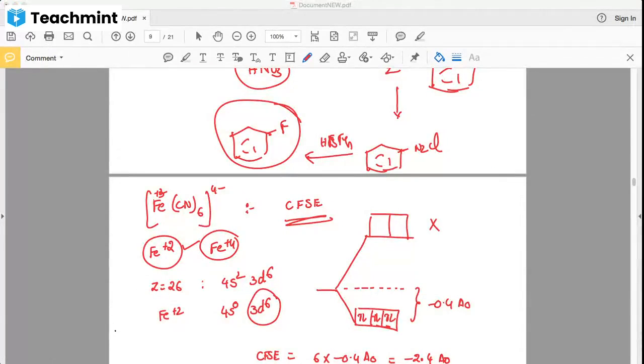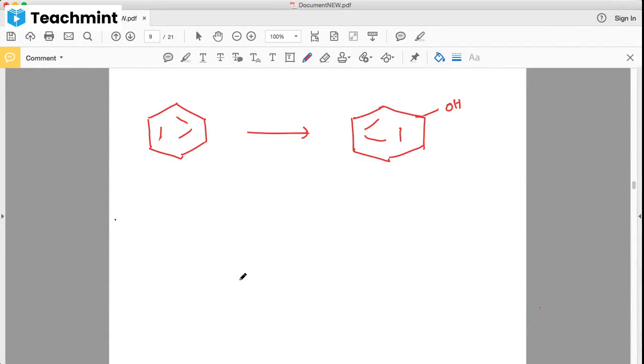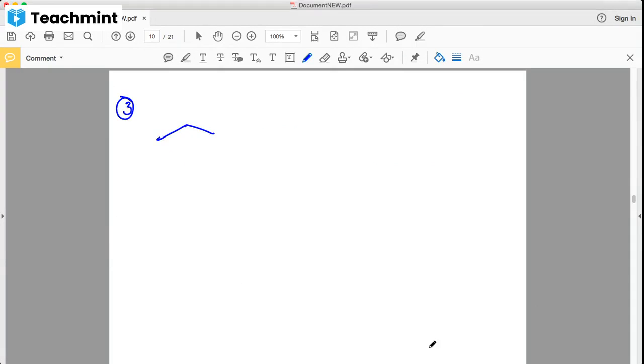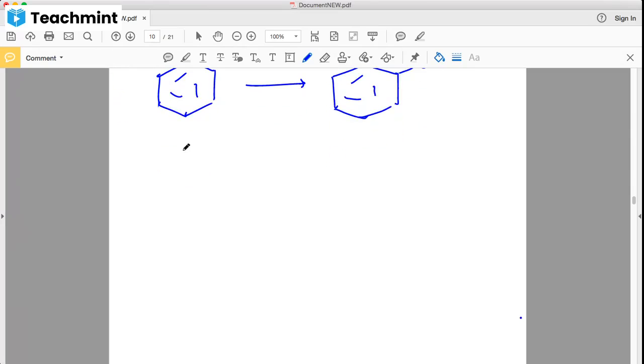So I'm going to ask you the next question: how do you convert benzene into phenol directly? If you really want a good yield, first do the nitration, that is HNO3 in presence of H2SO4, and you will get nitrobenzene.